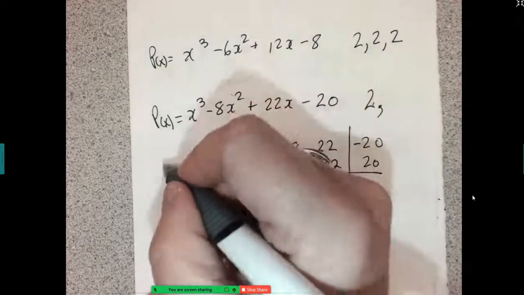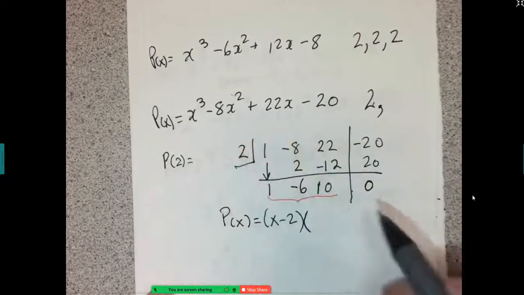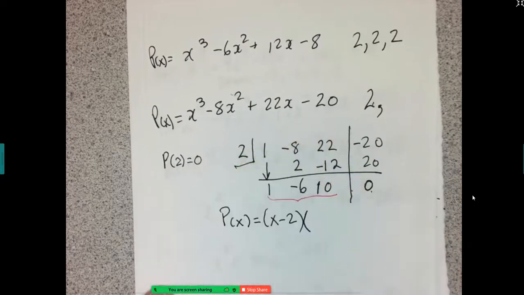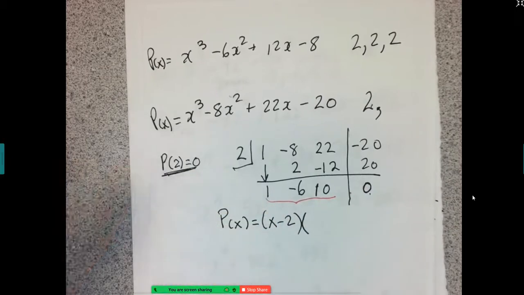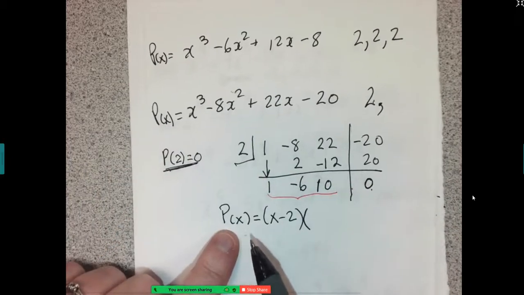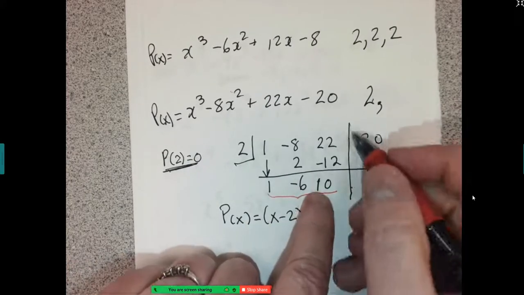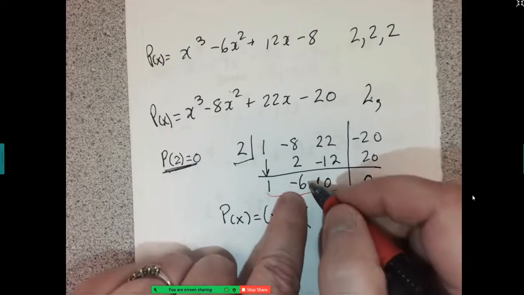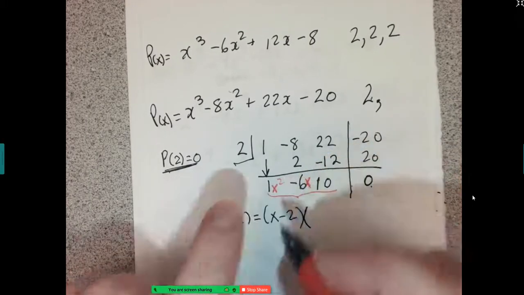So remember also, P evaluated at the number in the box is equal to the remainder. So again, that's confirming that 2 is a 0. That's a definition of what a 0 is. So I can rewrite my polynomial P of x as x minus 2 times the quotient. So if I start here at the line, that's my constant, that's my coefficient for x, that's my coefficient for x squared.